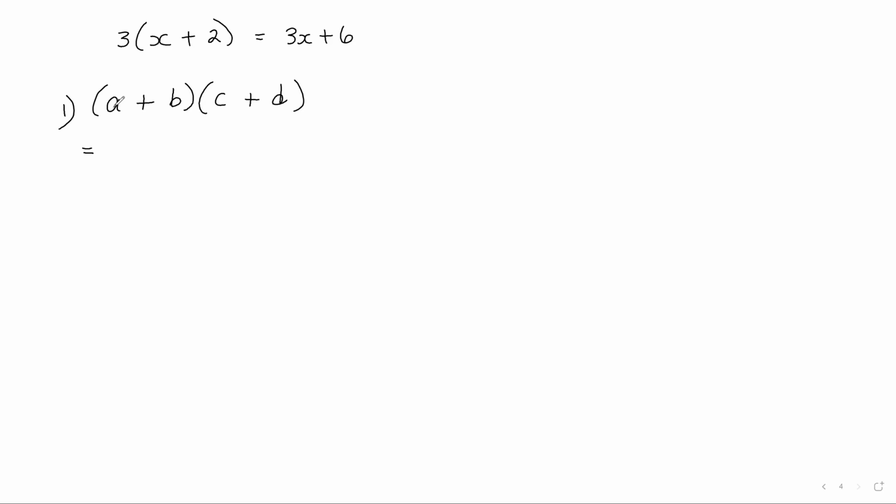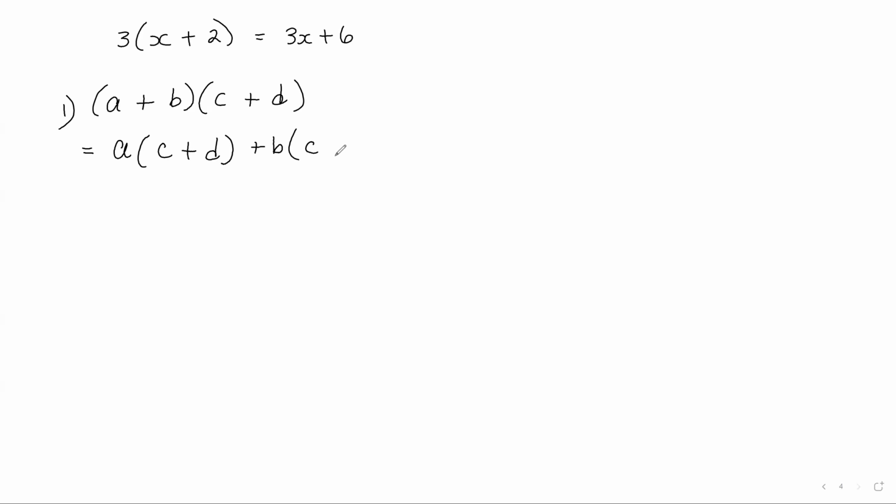The first one is you take the first term, in this case it's A, and you multiply by the second pair of brackets, so A times C plus D. And then you take the second term along with its sign, so this is plus B, and you multiply it by the second pair of brackets.